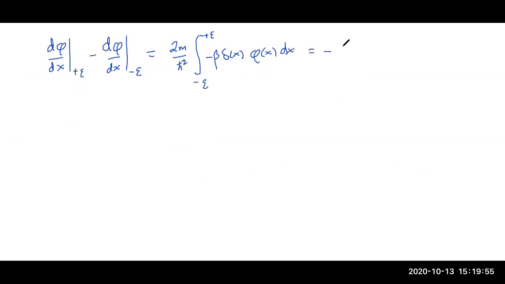And we determined that this was minus 2m beta over h bar squared times phi of 0, whatever that is.